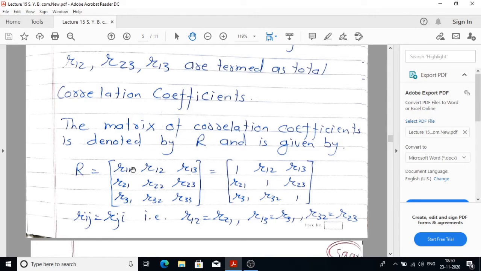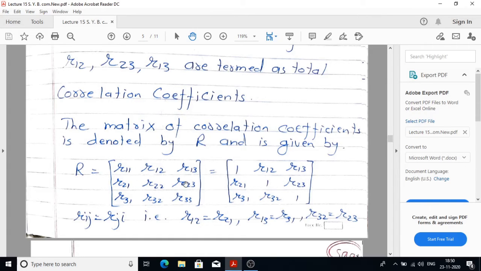Now R11 is the perfect positive correlation of x1 with x1, so we can replace R11 by 1. R22 is nothing but correlation coefficient between x2 and x2. It is also perfect positive correlation, so we can replace R22 as 1. Similarly, R33 is also written as 1.